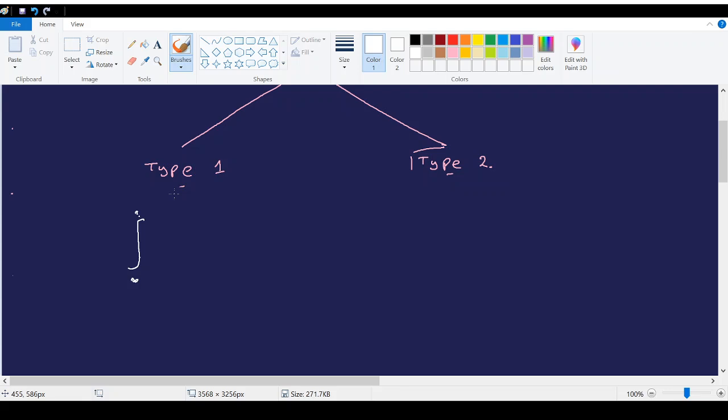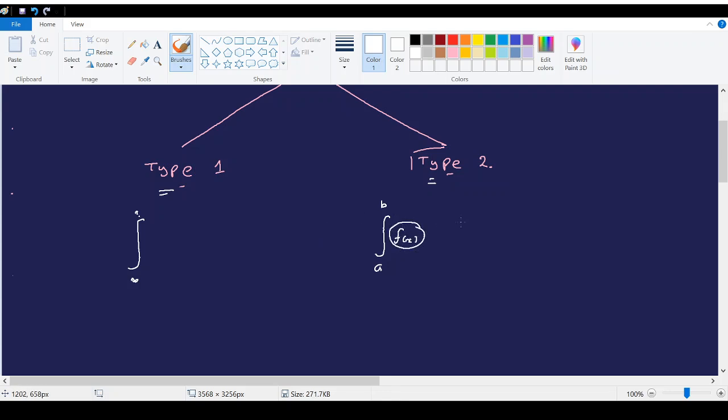So that was the key feature of type 1 improper integrals. And for type 2 we have a finite range for the function. We have finite numbers for upper and lower limit, and the problem is with the function inside.